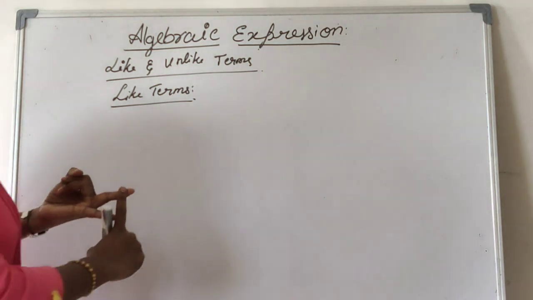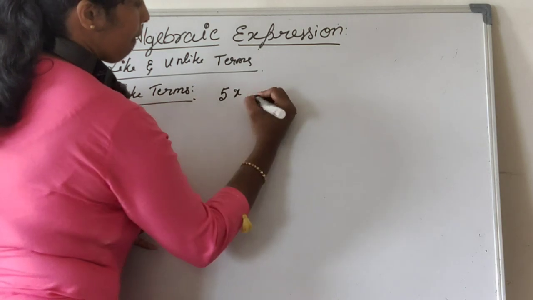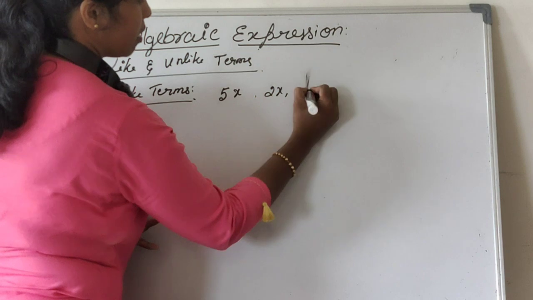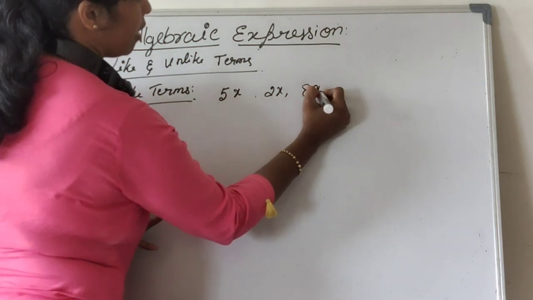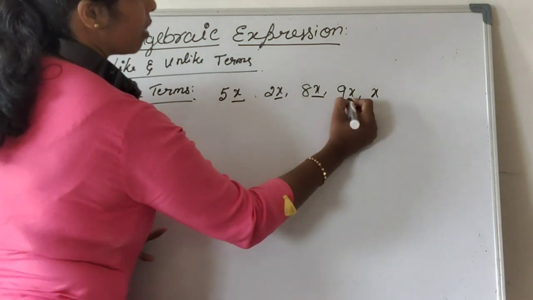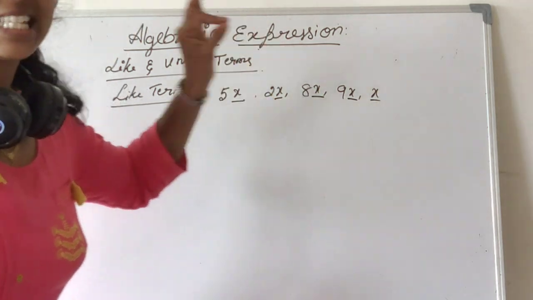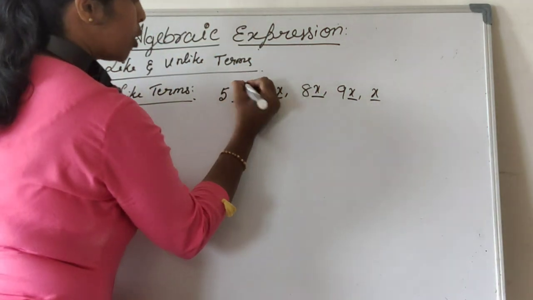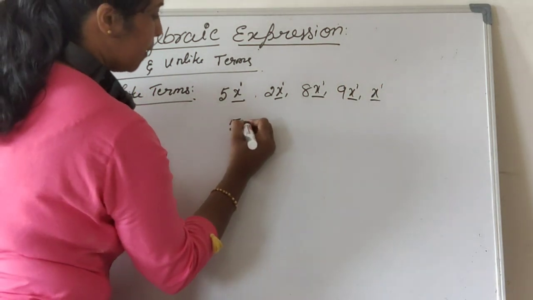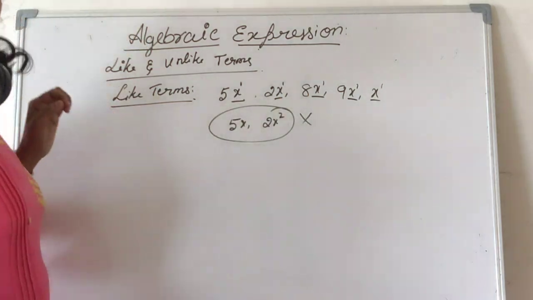Same variable must be there: 2x, 8x, 9x. See the variables. These are all same. Terms must have the same variable and the same exponents. Exponents means power. Here 1, 1, isn't it? 5x and 2x square is not a like term. It's not a like term.